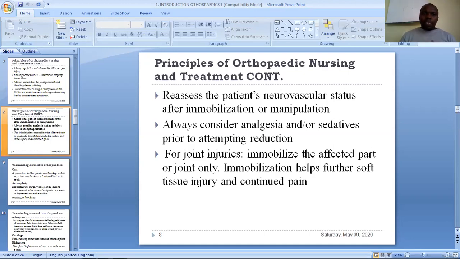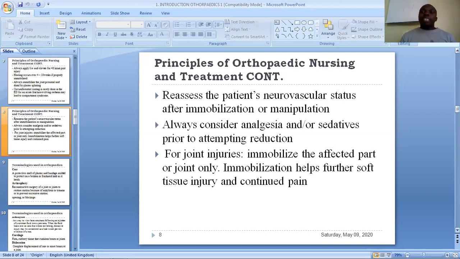The other principle states that always consider analgesia or a sedative prior to attempting reduction. When you talk about reduction, we're referring to the alignment of the affected limbs, especially in the case of a fracture. When you align the distal and the proximal limb, we're referring to it as a reduction.